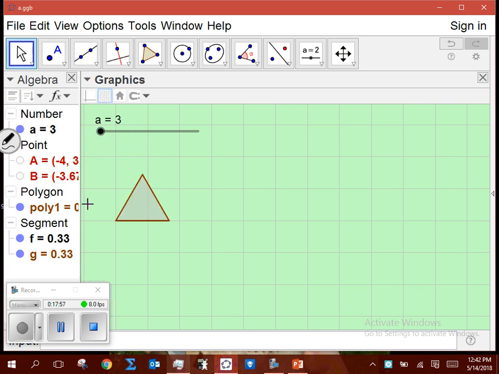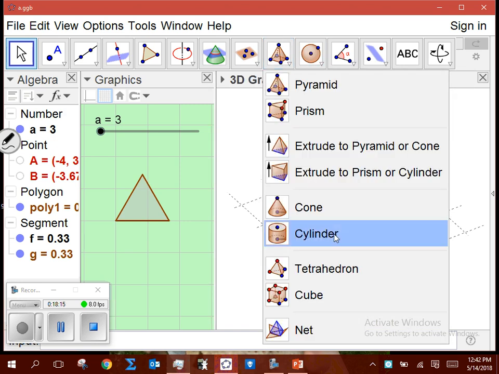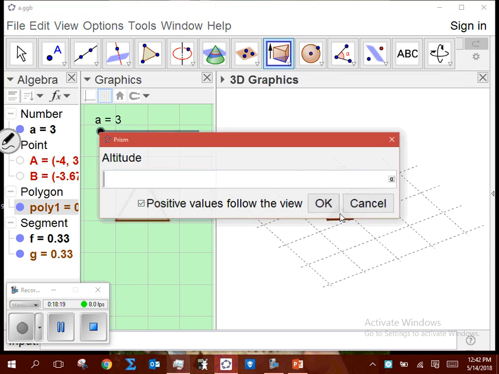Okay, so I'm going to take that shape as my base, and I want to look at it when I extrude it for a prism. I'm going to turn this into a prism. Height 5.